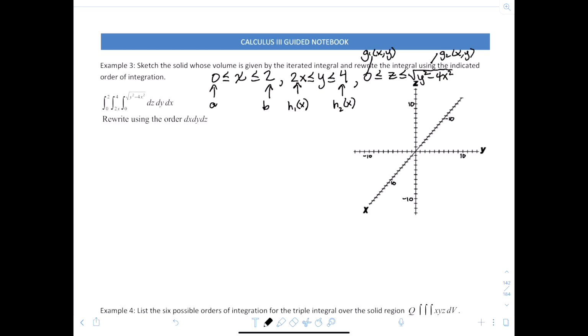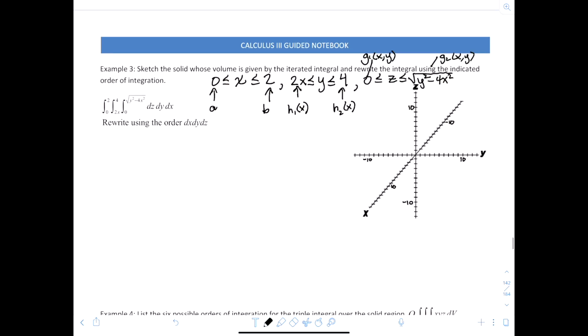And then y would be written in terms of z, and then z would have the constants around it. Cool so far? So that's kind of the evil plan here of what we need to figure out. So let's do it.